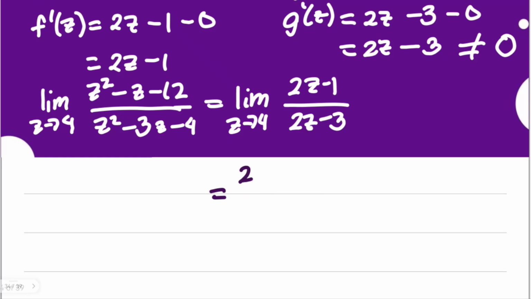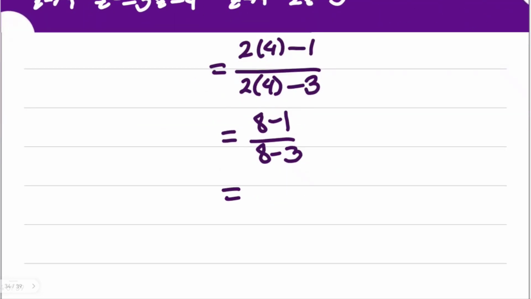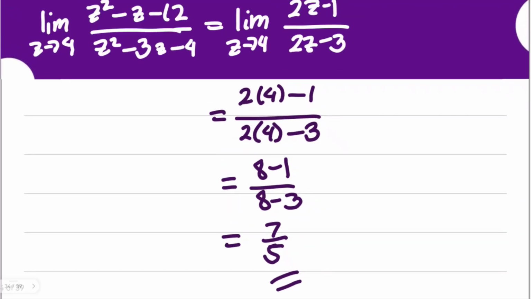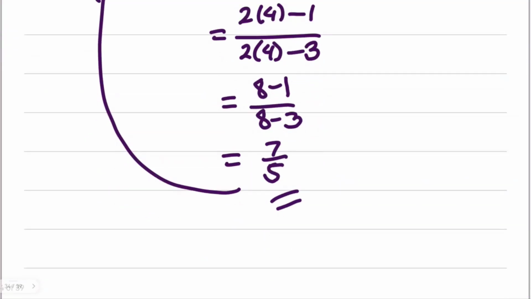You have 2 times 4 minus 1 over 2 times 4 minus 3, which gives us 8 minus 1 over 8 minus 3, and this is equivalent to 7/5. This is the limit of the ratio of the derivatives, which is also the limit of the original function.